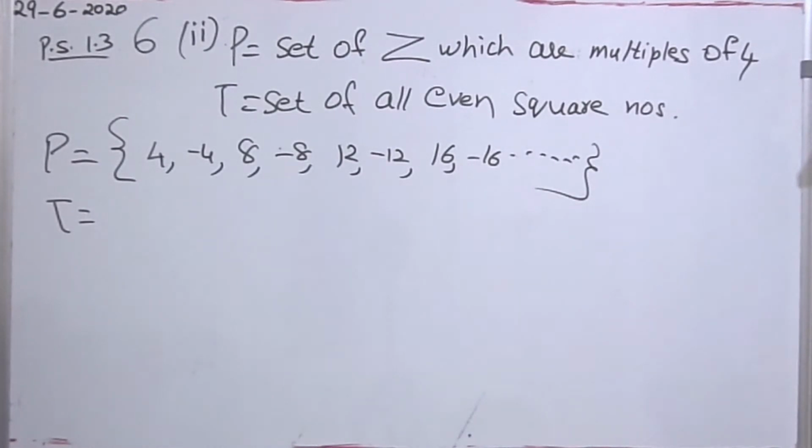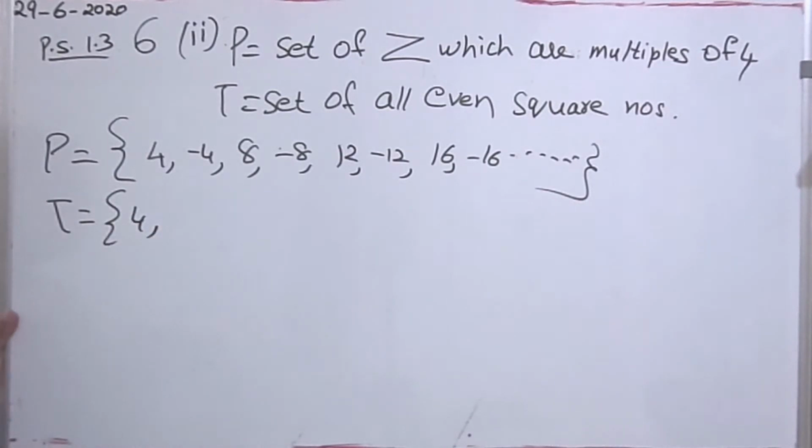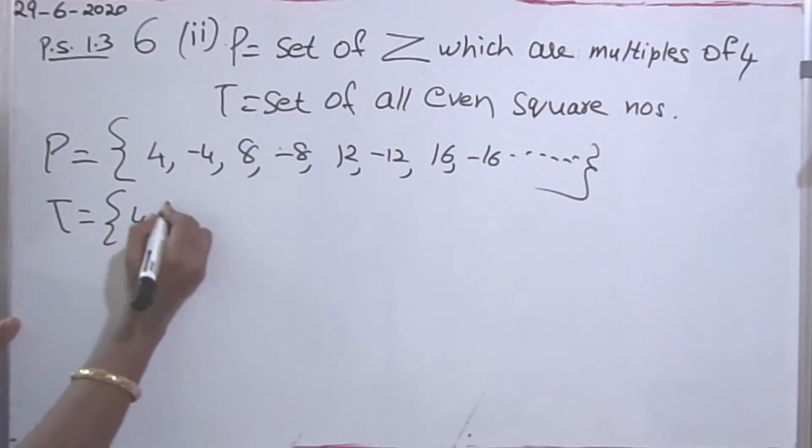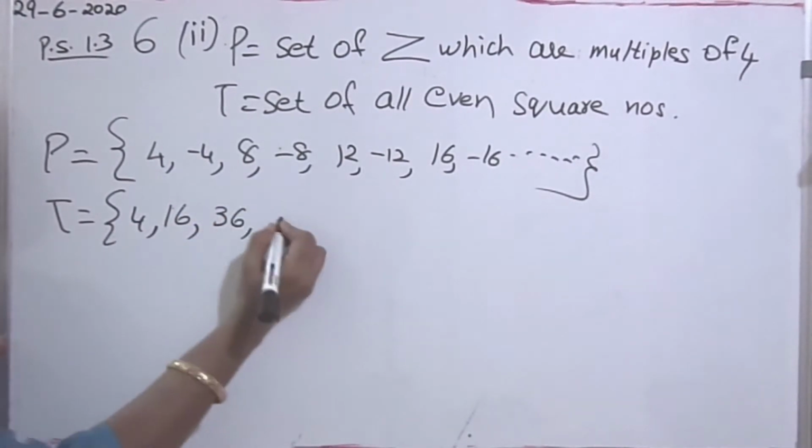T is the set of all even square numbers. So which are the even square numbers? 1 square, 1, is an odd square number. 2 square, 4. 4 is an even square number. 3 square, 9. 9 is not an even number. 4 square, 16. 5 square, 25 is not. 6 square, 36. 7 square, 49 is not. 8 square, 64.